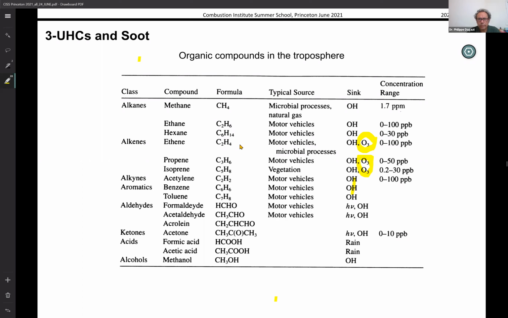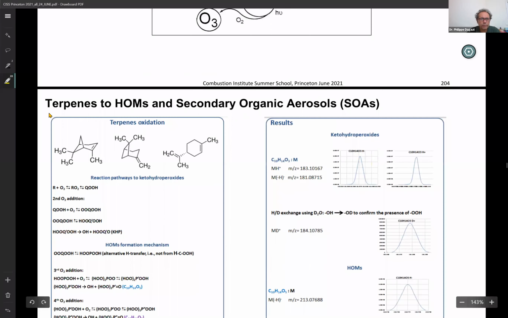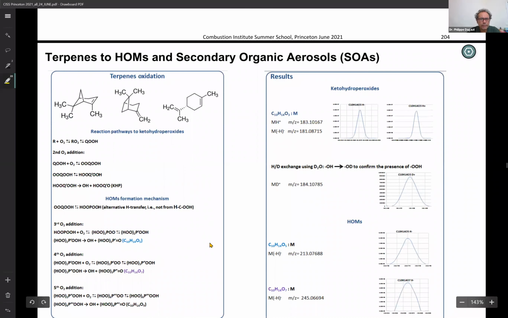Recently we looked at the oxidation of these terpenes, and we could figure out that their oxidation proceeds through multiple pathways, but one of them is peroxidation, isomerization by internal H atom transfer, followed by a second addition of O2.